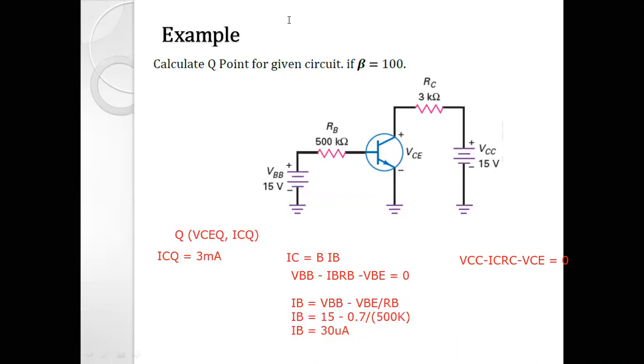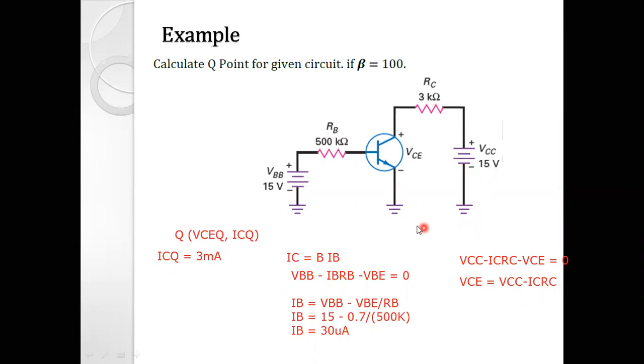From this we can make VCE the subject of the equation. So VCE is equal to VCC minus IC into RC. VCC is given in the circuit diagram, that is 15. IC we just found out, that is 3 milliampere. And RC is also mentioned in the circuit diagram, which is 3 kilo ohm.